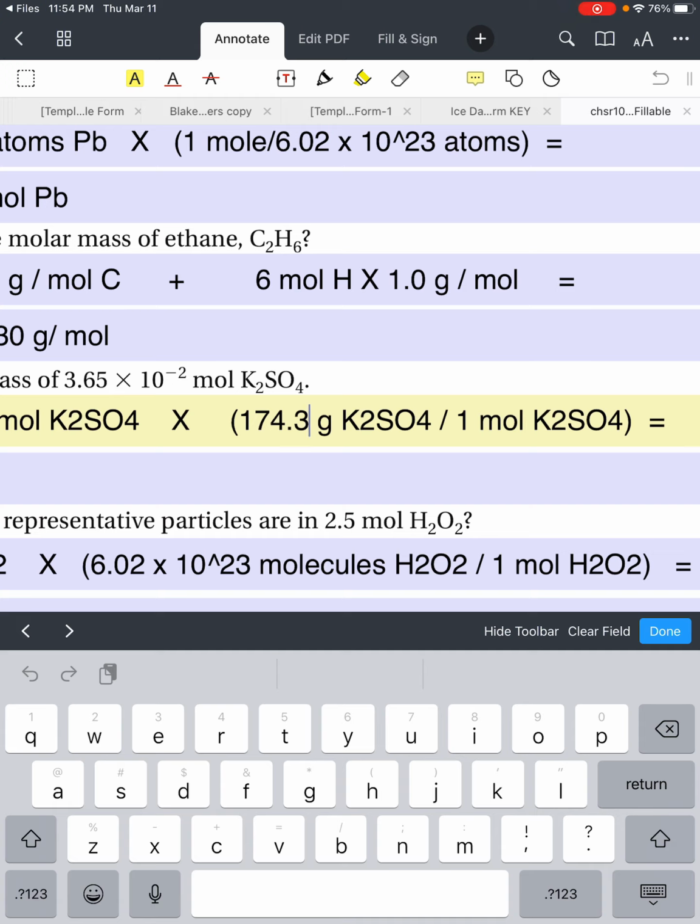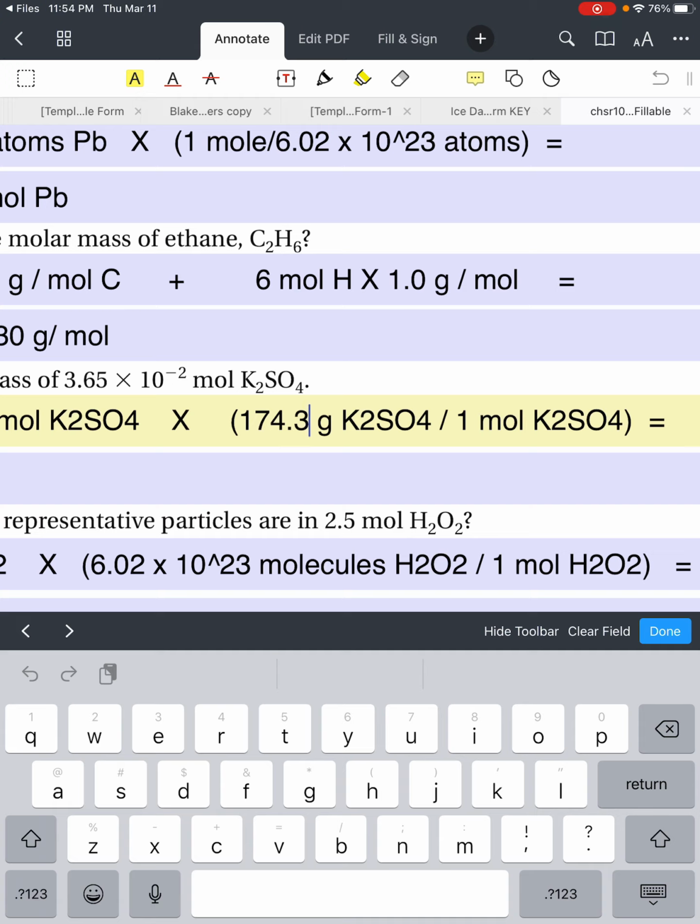Potassium is 39.0938 grams per mole. But there's 2 of them, so that would be 78 grams. And sulfur is 32 grams. I'm looking at a periodic table right now. Most people say 32.1. It's 32.066 for the accuracy of our table.